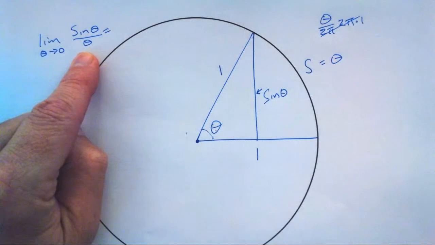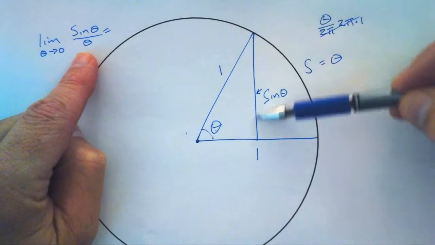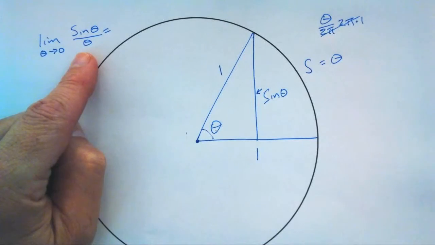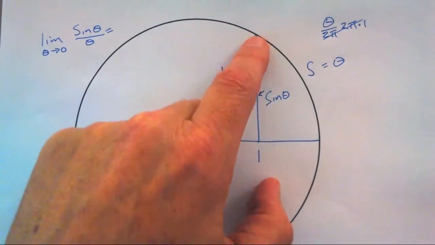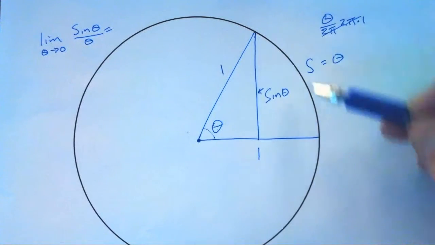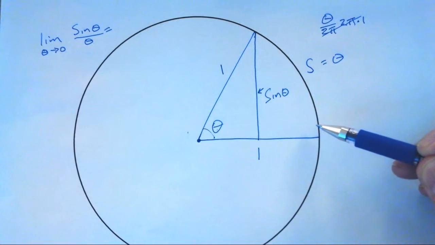Consider sine of theta on theta. Is sine of theta on theta more or less than 1? If this length is sine of theta and this length is theta, it's less than 1, isn't it? This side's definitely shorter than that, right?